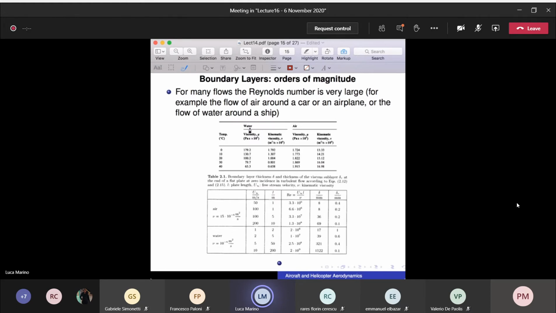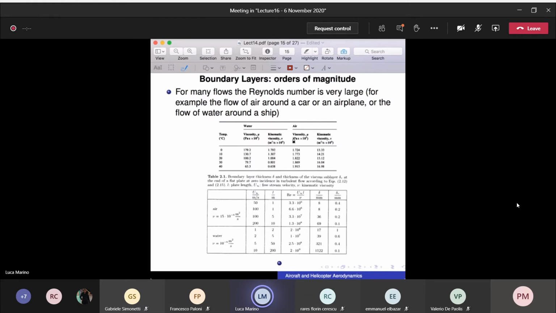And moreover, you can appreciate that if you are working with a liquid, water, or air, the dependence on temperature is completely different. If for water you increase the temperature, the dynamic viscosity will decrease. On the other side, if you deal with a gas like air, the dynamic viscosity will increase.